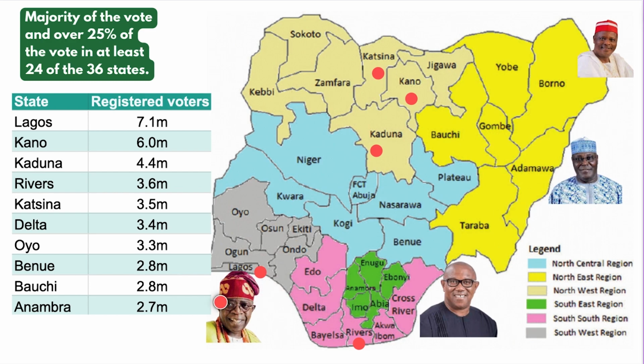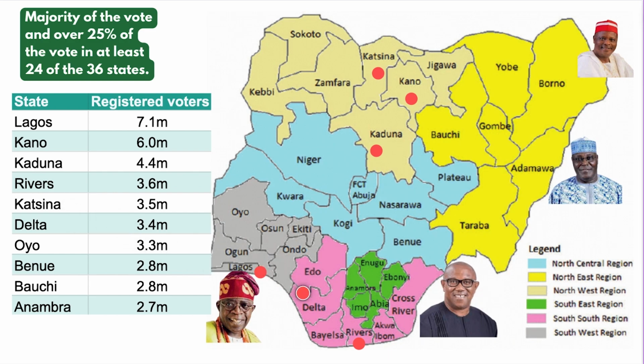Some people are saying the Muslim ticket is a problem. So can Peter Obi really pull a massive number of votes from here? I'm not really sure. Maybe Southern Kaduna, but the top part there, it's going to be very, very difficult.